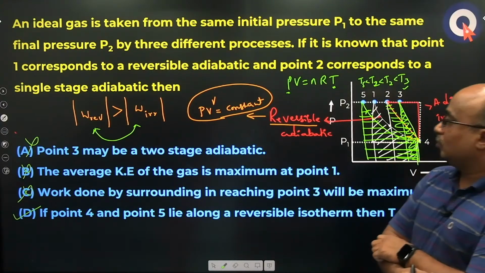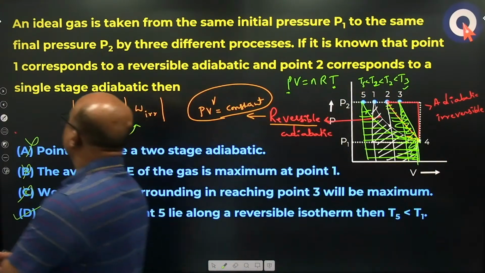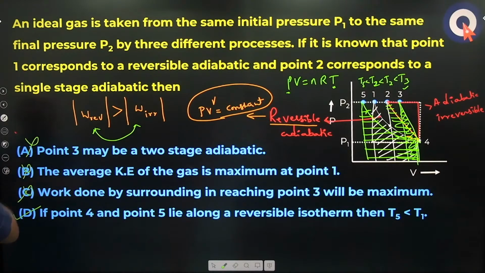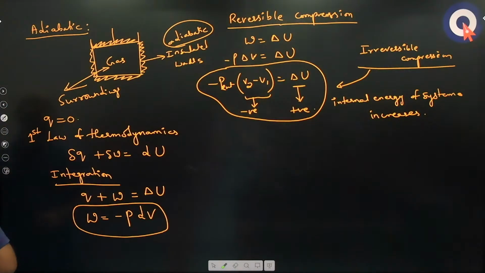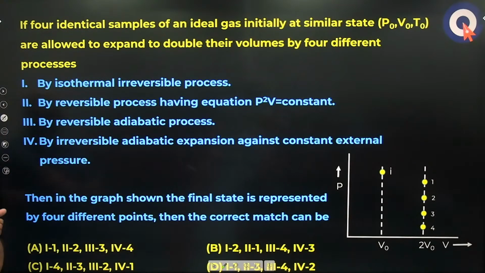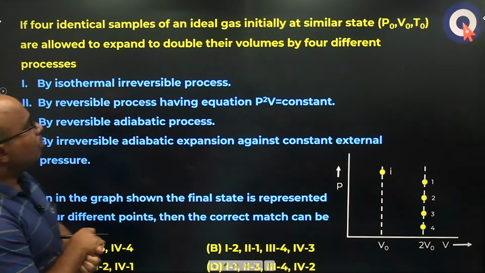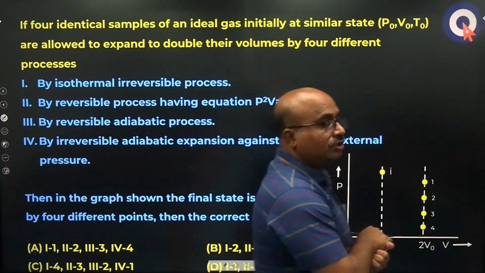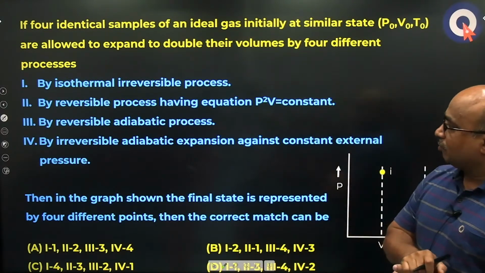Okay. So the next. If 4 ideal gas samples initially at a similar state, P0, V0 and T0, are allowed to expand to double their volumes by 4 different processes.